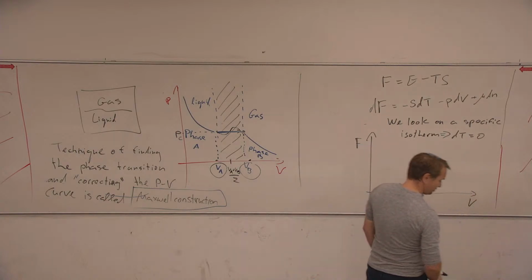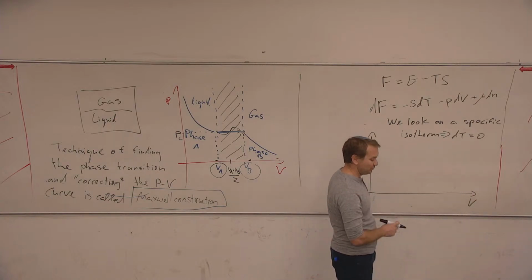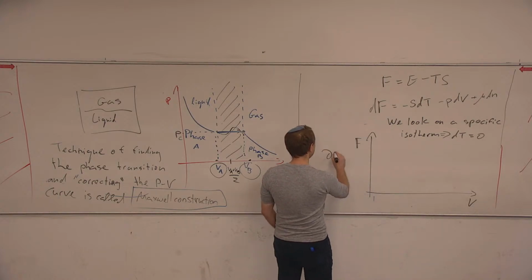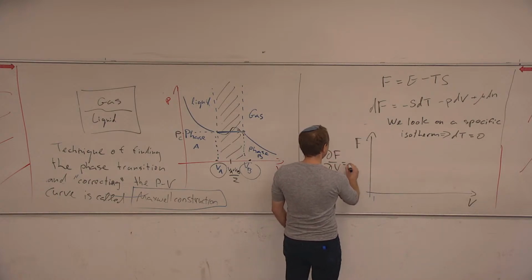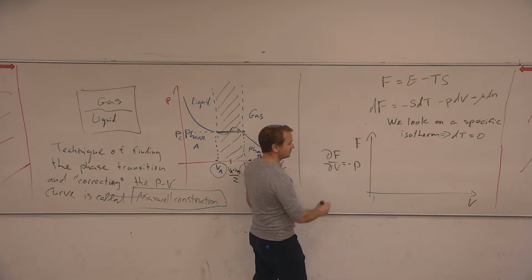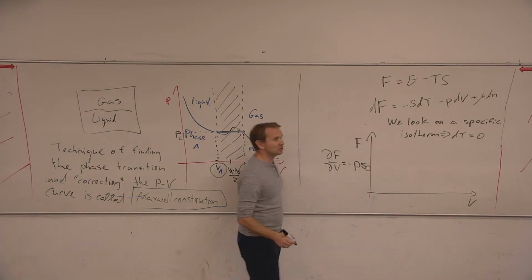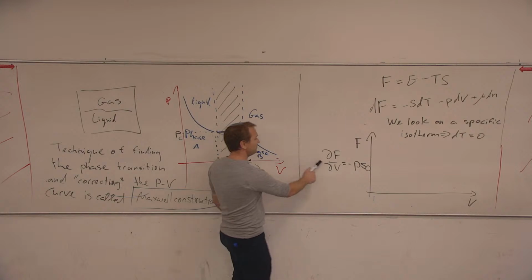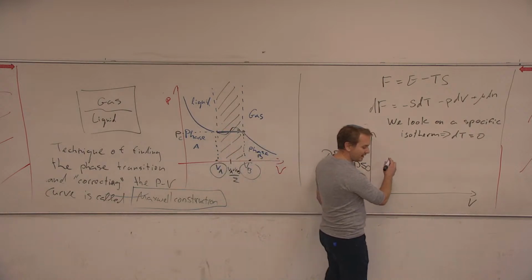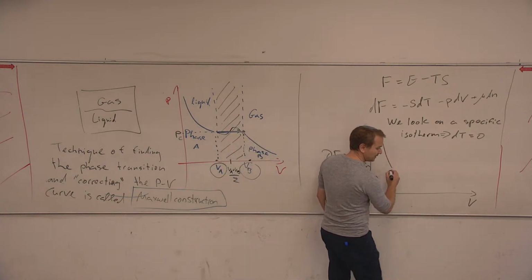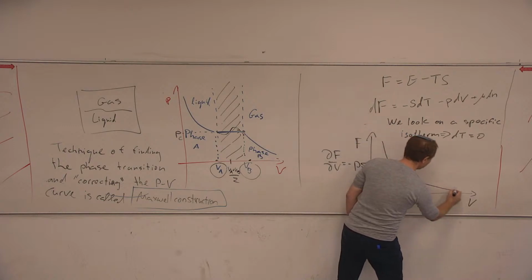So we plot F as a function of V. Now remember, what is dF/dV? It equals minus P. Right, so it is smaller than 0. The pressure is positive. dF/dV equals minus P. So we expect something that looks like this. Okay, so this is our expectation.